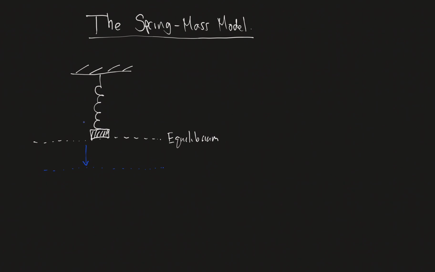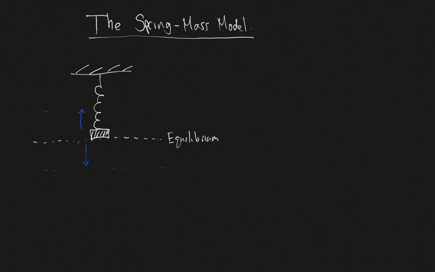Or we could push it up, maybe here, and again release it, and again it's going to oscillate. So we can disturb this system from equilibrium, and once we do that, there's going to be some sort of oscillation. It's going to move. Our function of interest is how far from equilibrium the object is at any given point.